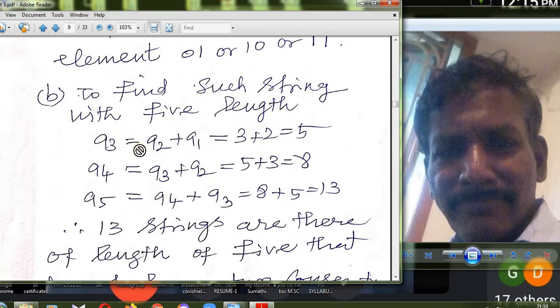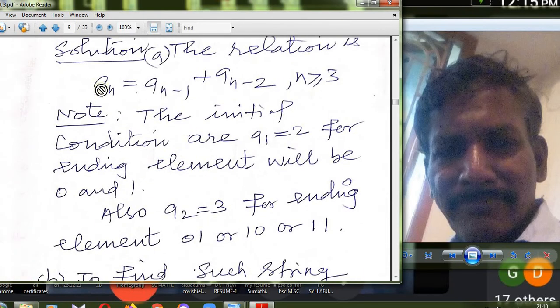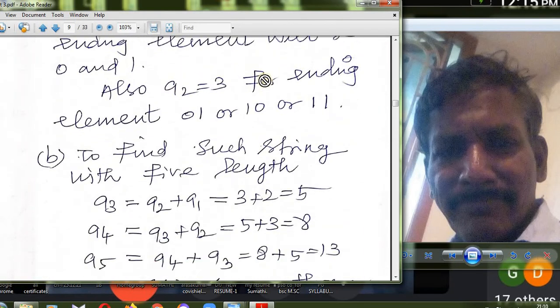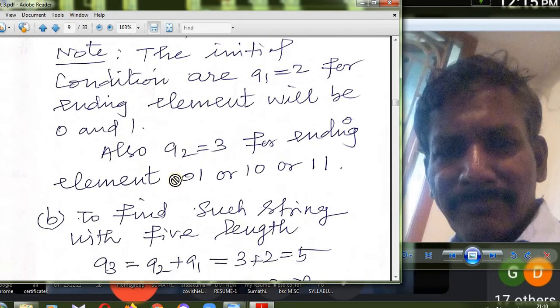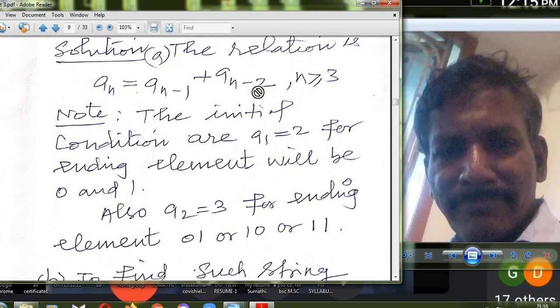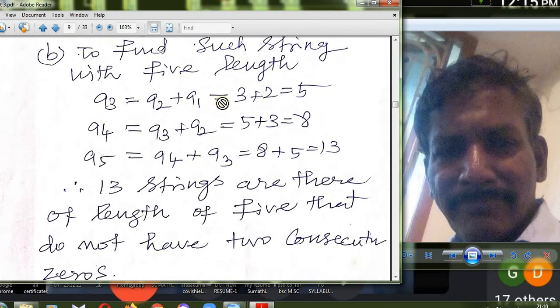So a3 would be equal to a2 plus a1 by using this particular relation. a3 equals a2 plus a1 equals 3 plus 2 equals 5. a4 equals a3 plus a2 by using this particular relation. a3 we already know is 5 and a2 we know is 3.